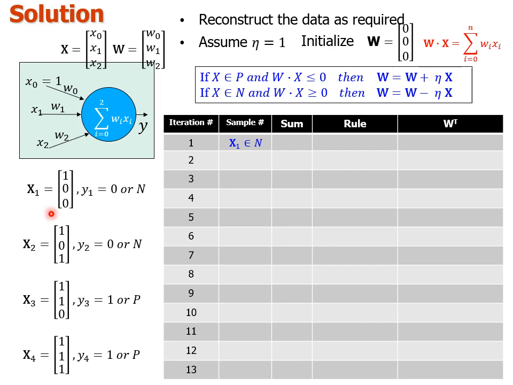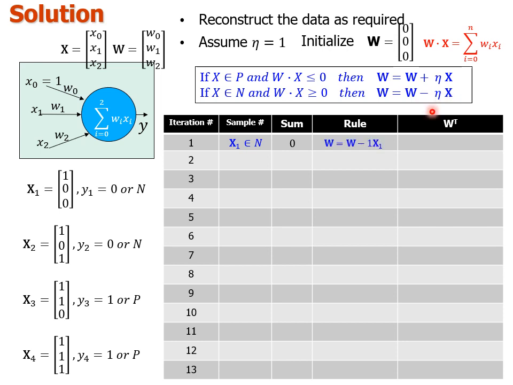So the weighted sum comes out to be 0, and according to our rule, if x belongs to N and the sum is 0, we need to update our weight vector w as w equal to w minus eta x.